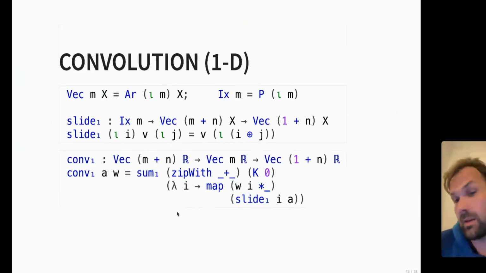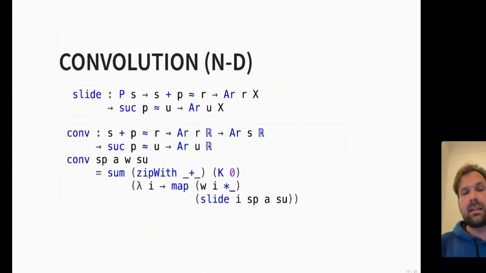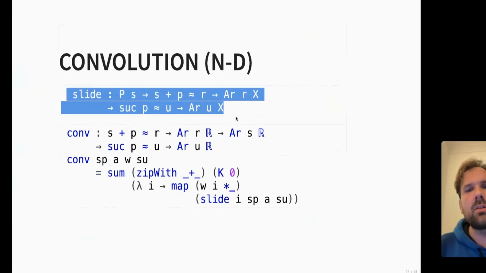This is your one-dimensional convolution. The details are not that important, but you can see that this definition is really straightforward. And the other nice thing is that it immediately generalizes to rank n. You can define it for n-dimensional arrays with pretty much the same thing.